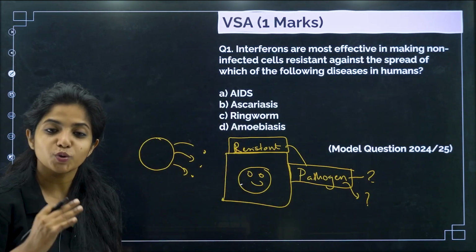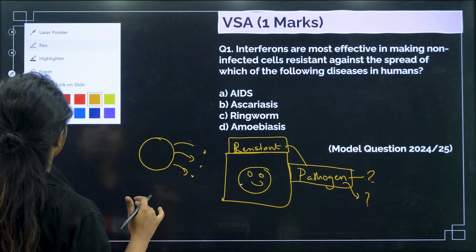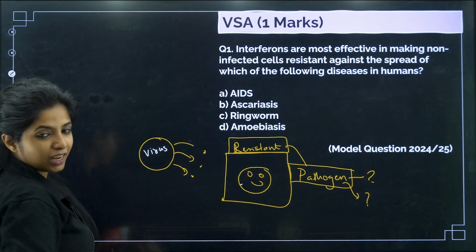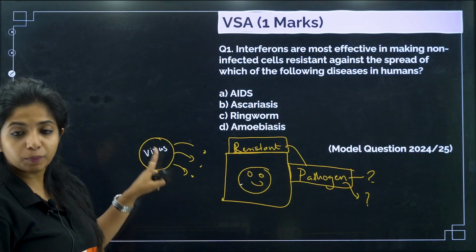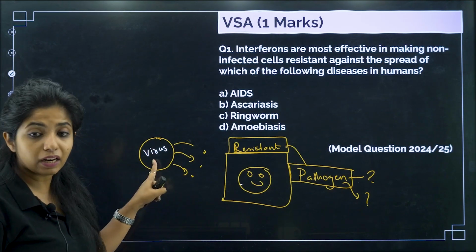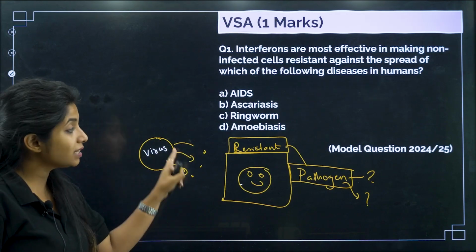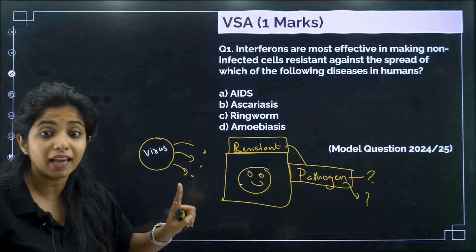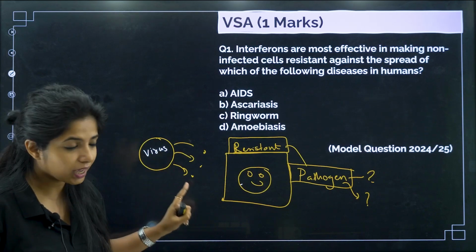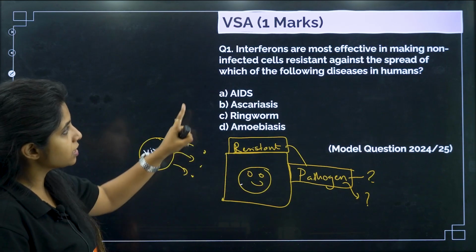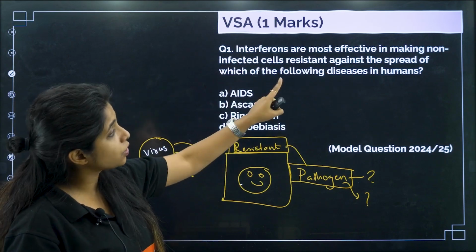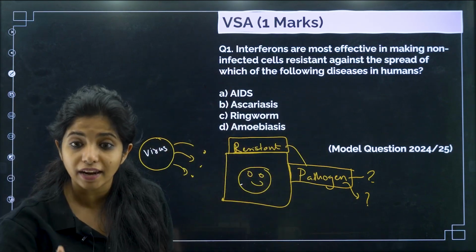Interferons are released only if the cell is infected by some virus. For example, this cell is infected by the HIV virus, and now this cell will be releasing interferons. These interferons alarm other cells that, hey, there is a virus attack over here, you have to be safe and resistant. So the question is which disease, and it has to be a viral disease.